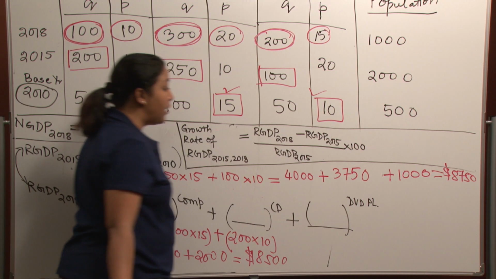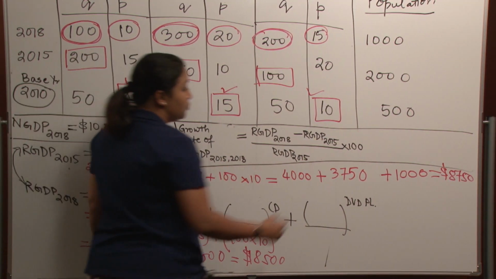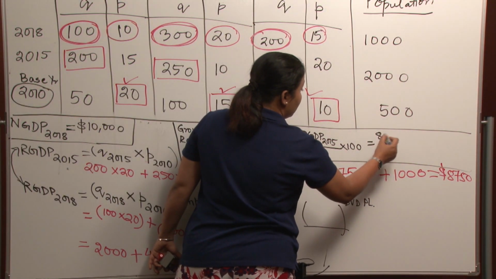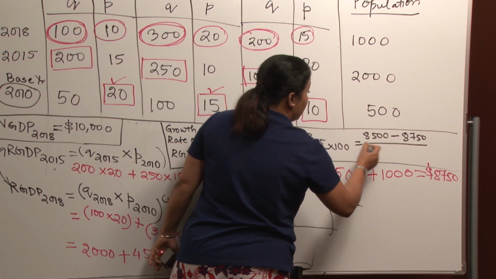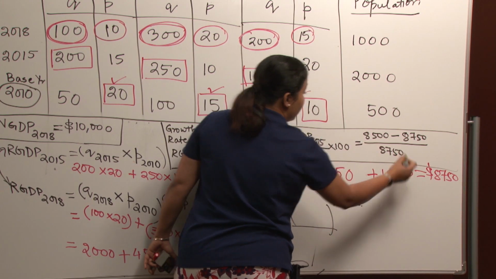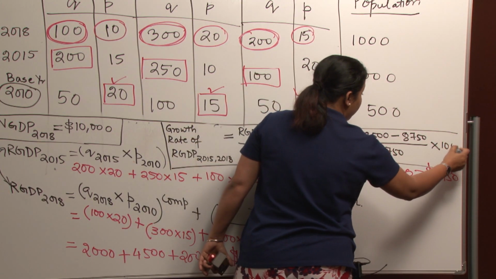I already have the values calculated, so I just need to plug in those values. So, it is just 8500 minus 8750 divided by 8750 times 100.